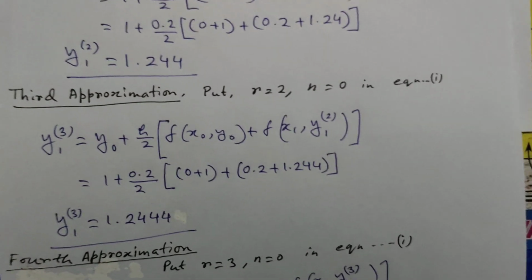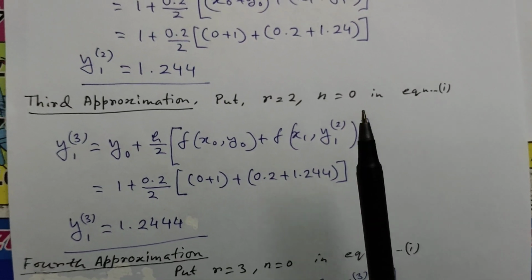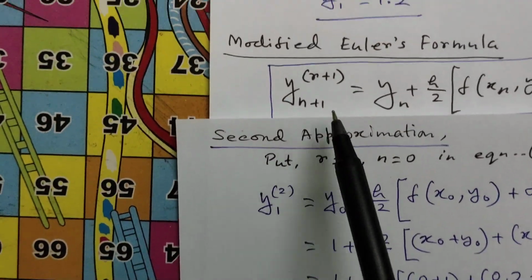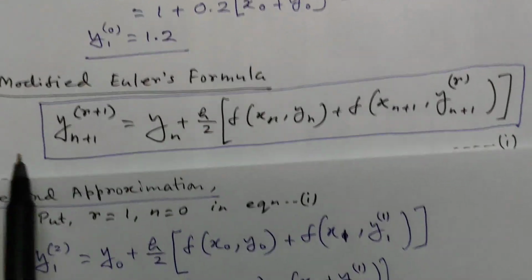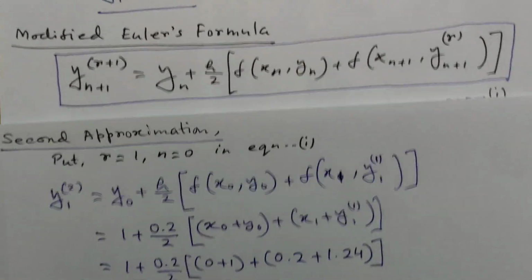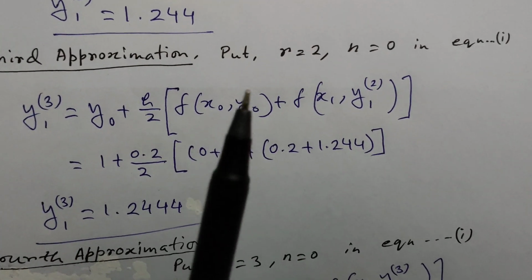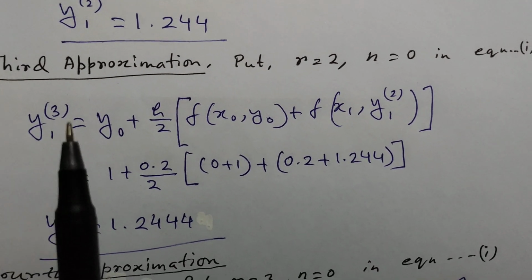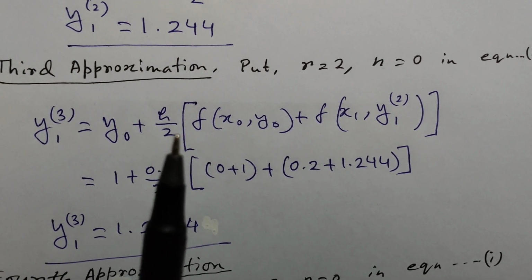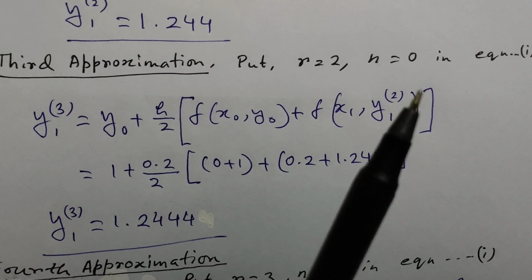Now what is the third approximation? Put r equals 2, n equals 0 in equation 1. We will get y1^(3) equals y0 plus h by 2 [f(x0, y0) plus f(x1, y1^(2))].